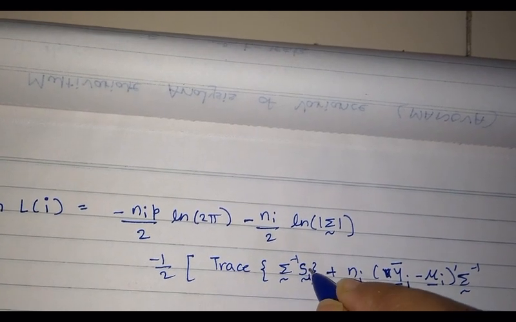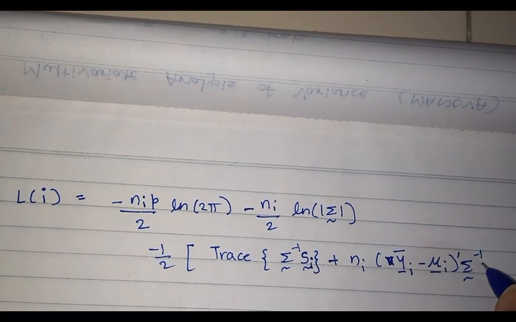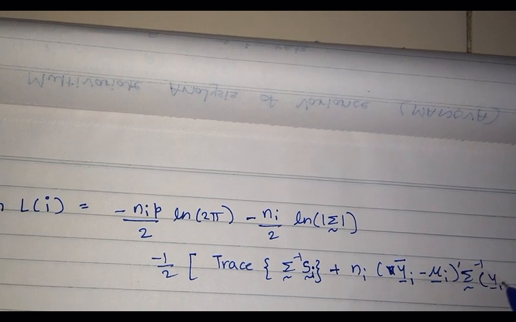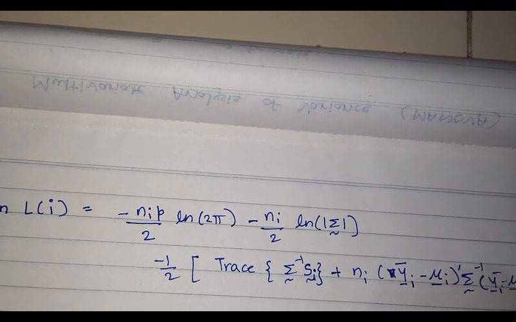I need to write S_i also because my CSSP matrix will also be different, sigma inverse y_i bar minus mu_i.